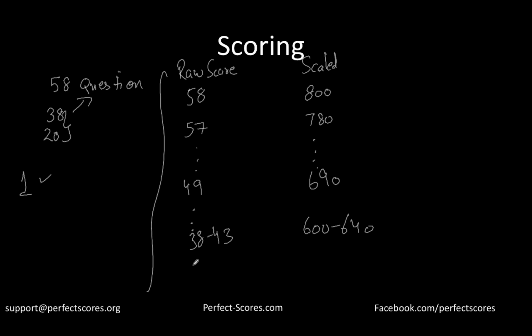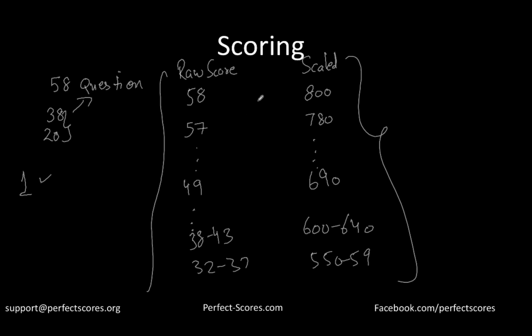If you score between 32 to 37, you will score between 550 to 590. So that's how it goes. There's a score sheet which you can download from College Board. And any official practice test will always have that scoring chart at the back of the test, so you can always measure your performance.